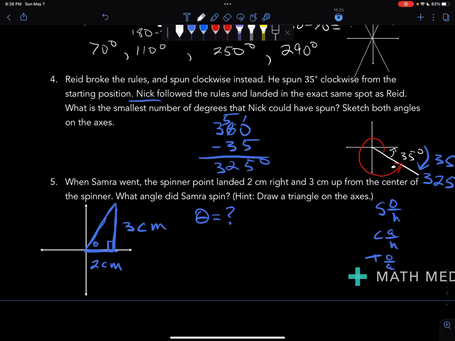So we're going to say tan of theta equals opposite. The opposite side is 3. The adjacent side is 2.